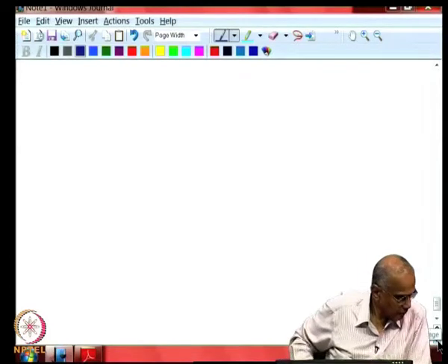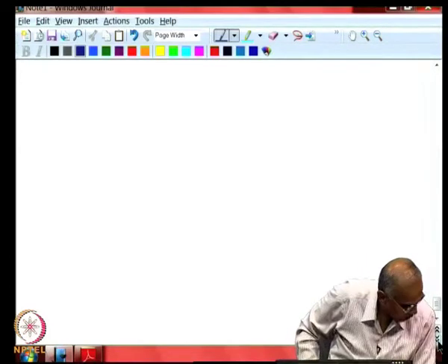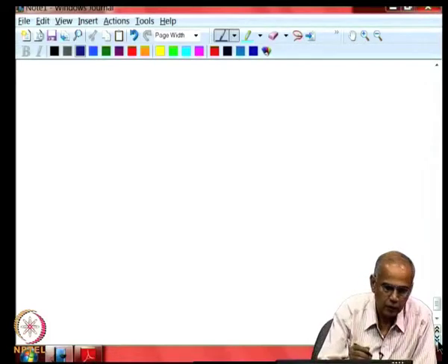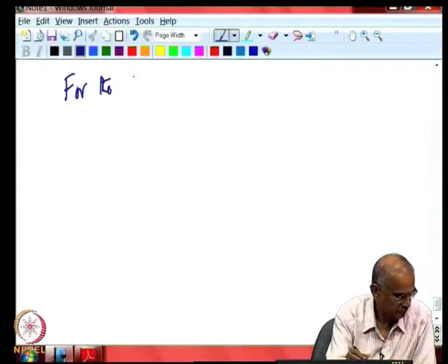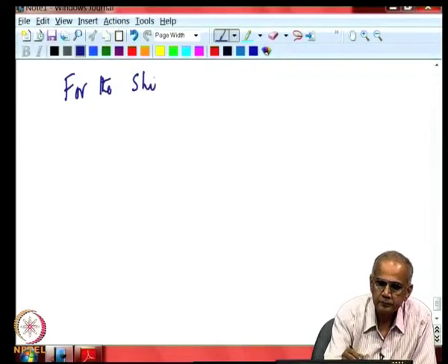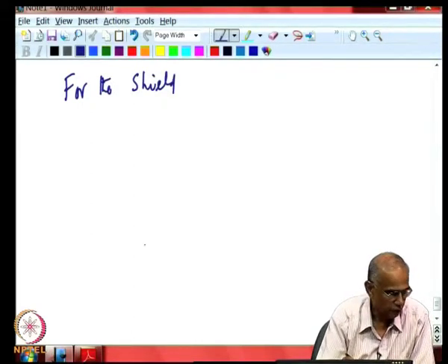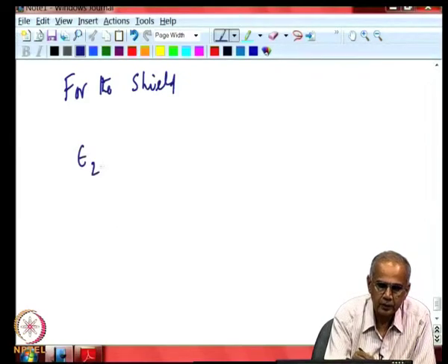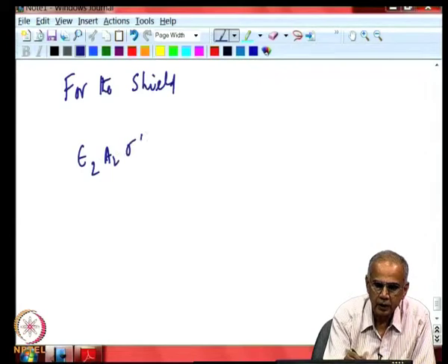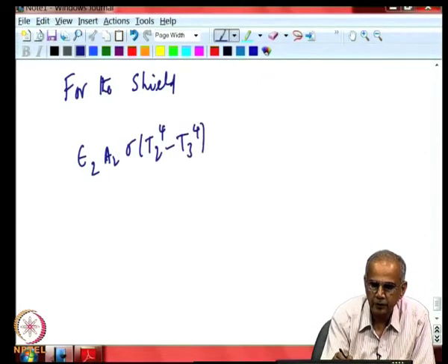This is for the shield. For the shield, first thing is radiative transfer between the shield and the duct. That is straightforward, same as what you have done before.